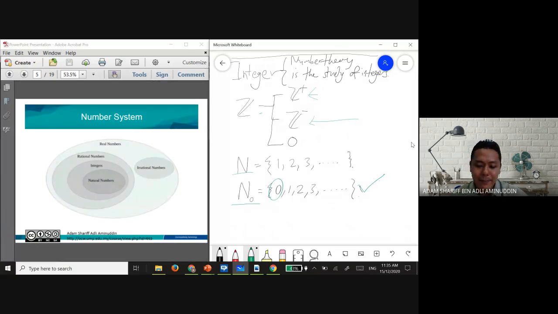Ini kalau kita sembang antara saintis, physics, sebab tu wujudnya absolute zero. Kelvin, contoh, ni pengetahuan tambahan saja. So make sure you know what is integer. For this chapter, it's important for you to know about the concept of integer atau nombor bulat.